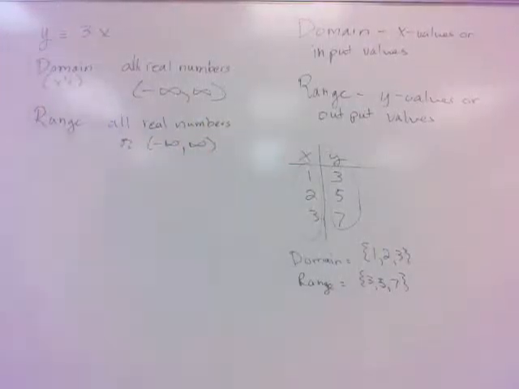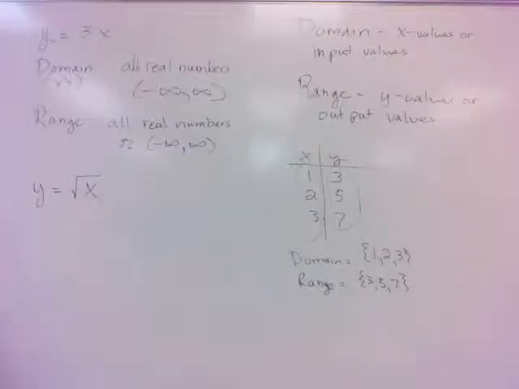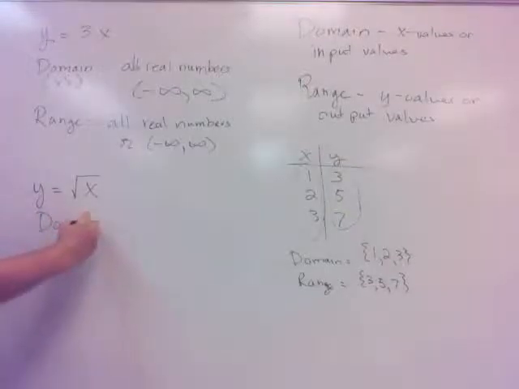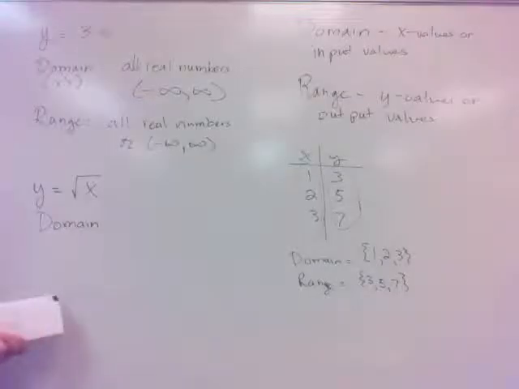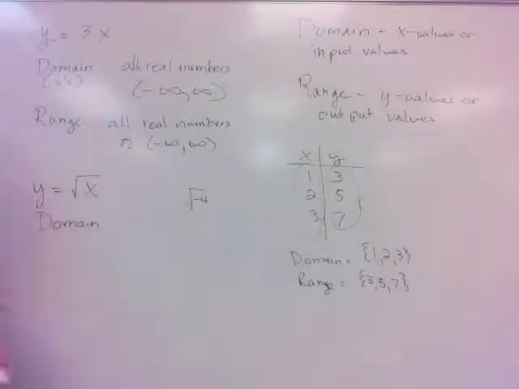Now, sometimes you will get restricted. We'll talk about this more later on. But on something like the square root of x, since we're talking real numbers here, can x be a negative number? If I plug in x to be negative 4, wouldn't I get something that's not a real number?